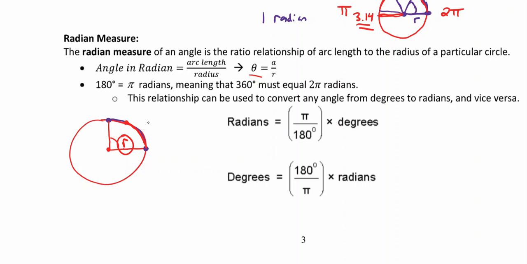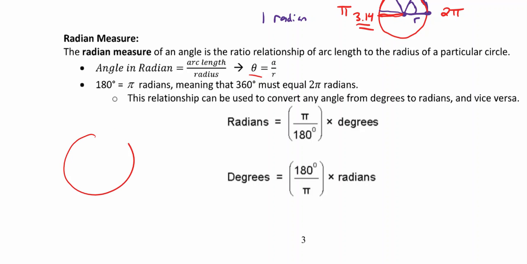Okay, so let's just do another quick example there. All right, so let's say we knew this radius was like 2, okay? And we were given an arc length, maybe to here, and we were told that arc length was 2.5. That's how long it was.